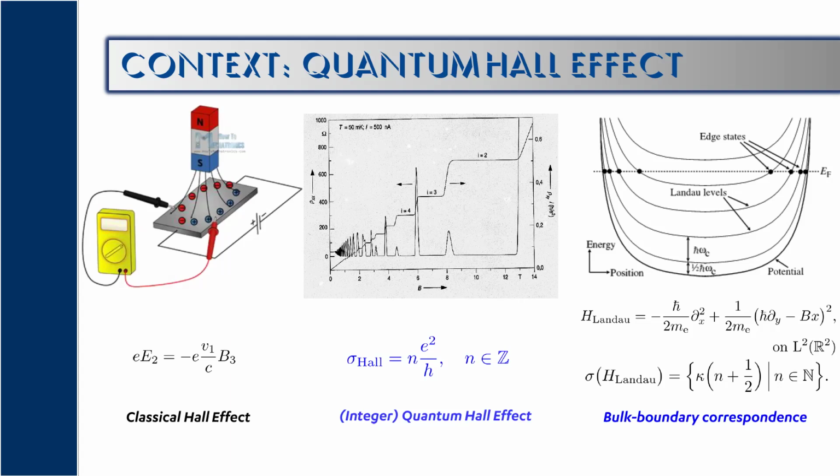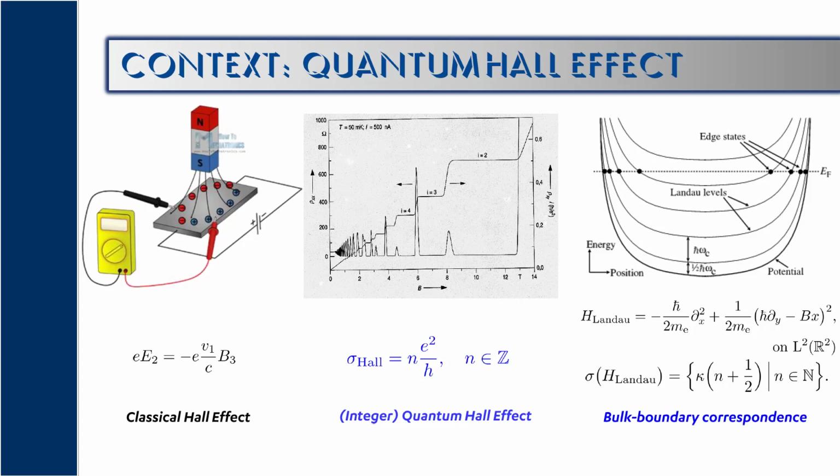And in this picture, we have the energy on the vertical axis, while on the horizontal axis, we have position. So ideally, there is one different eigenvector for each position, let's say in the x1 direction. But in physical samples, we have finite size, not infinite size.